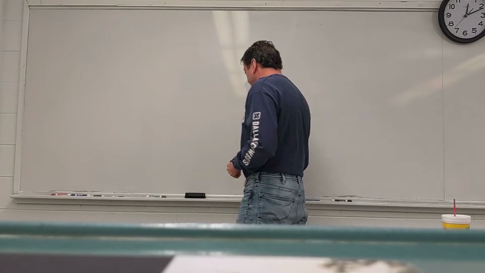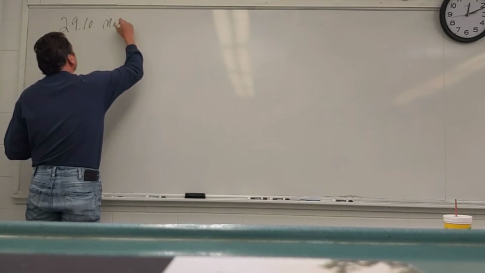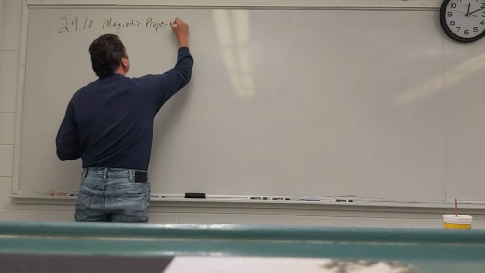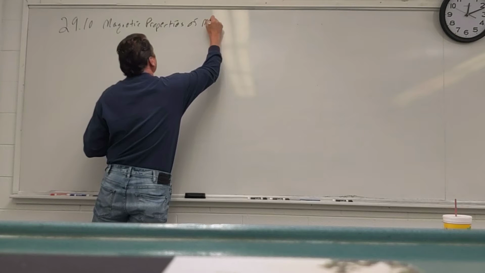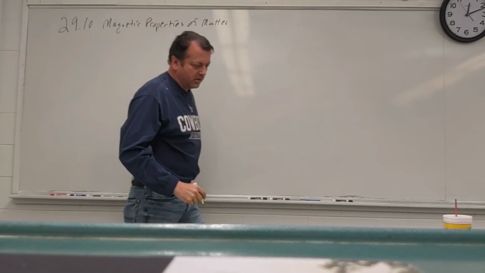These magnetic properties of matter. 29.10, magnetic properties of matter. Okay.